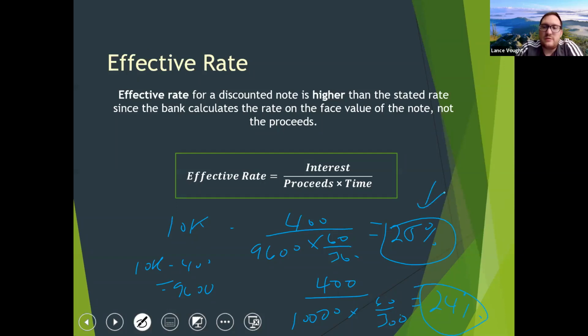So when you discount, it's more expensive. This is 25% versus 24%, where you're not discounting, you're just doing simple interest. So that's why the chapter 10 calculation is cheaper. But if you go that route, then they might compound, and then the compounding can get pricey depending on how frequently they compound. Daily, quarterly, annually, things like that.